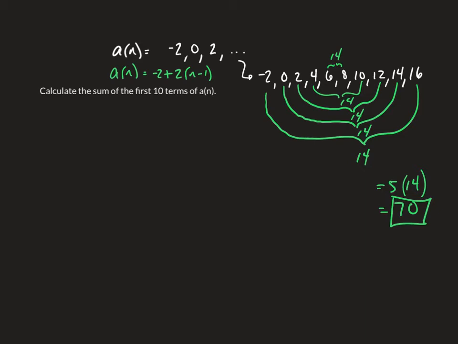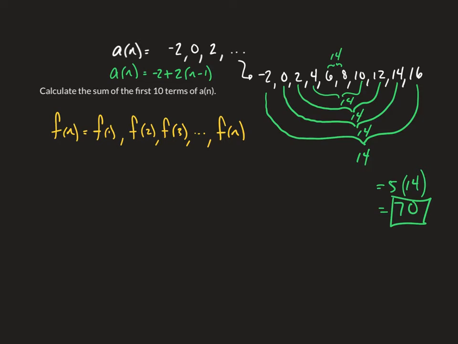So let's take a general function and just call it f of n. If I had a general, and we'll say that it's an arithmetic sequence, then our first term would be f1, our second term would be f2, we'd have a third term, and we'd have an nth term, wherever we want to stop at.